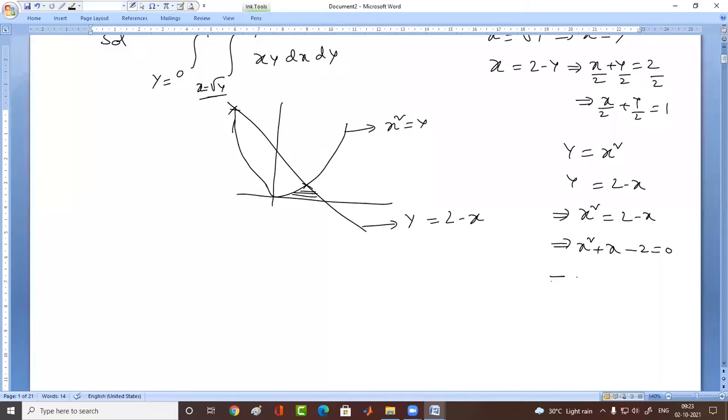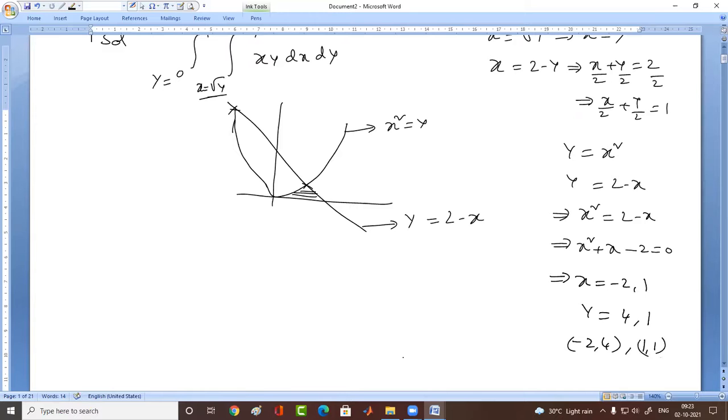The roots of the equation are minus 2 and 1. When x is minus 2, y becomes 4. When x is 1, y becomes 1. So the points of intersection are minus 2 comma 4 and 1 comma 1.